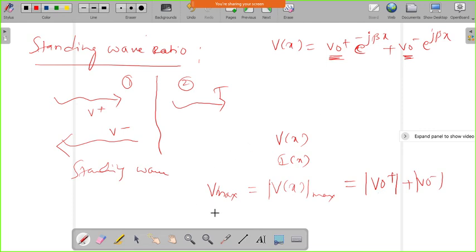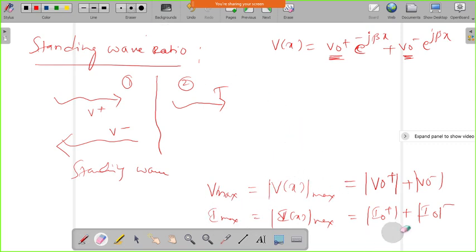So now similarly for the I max, that is the current, which is nothing but the maximum of I of x, which is equal to magnitude of I naught plus plus magnitude of I naught minus. If I write in terms of V naught plus, it will become minus V naught minus by Z naught. Now we can write the V max in terms of the reflection coefficient equation. So now these are the two equations.